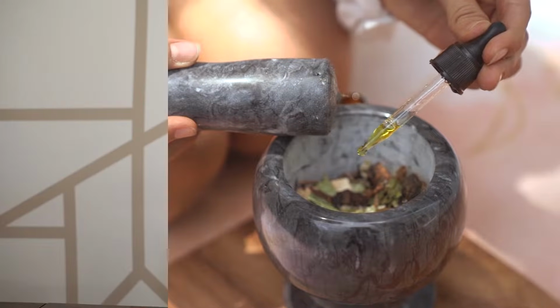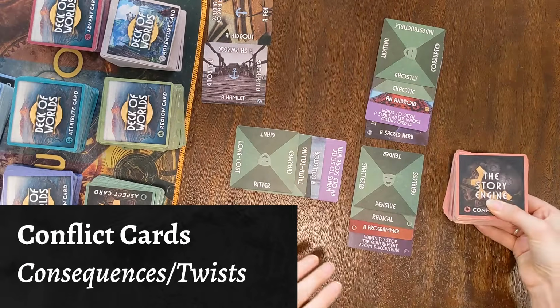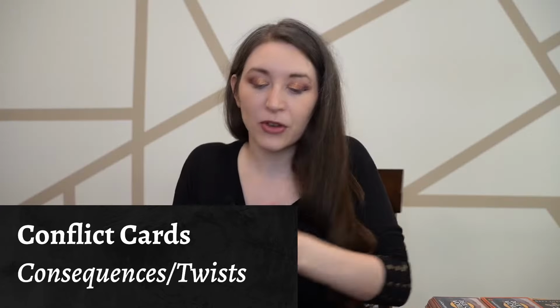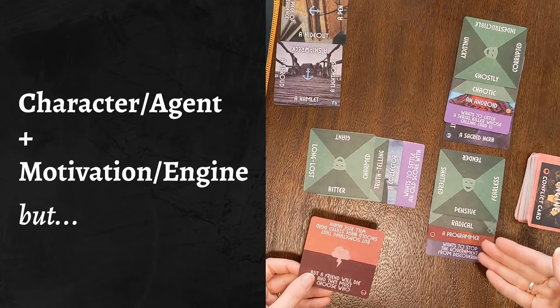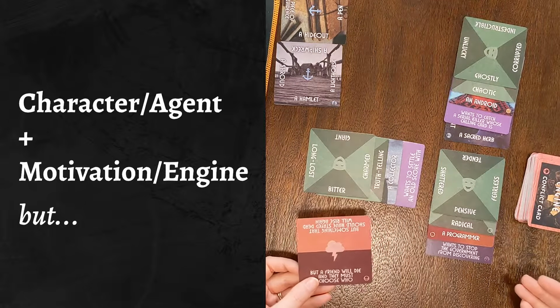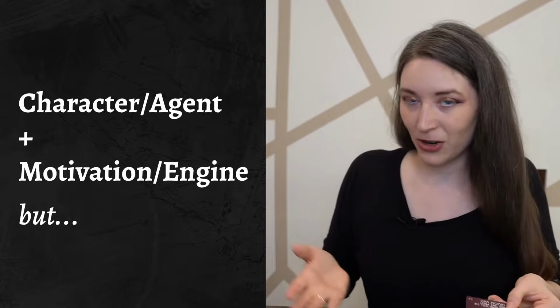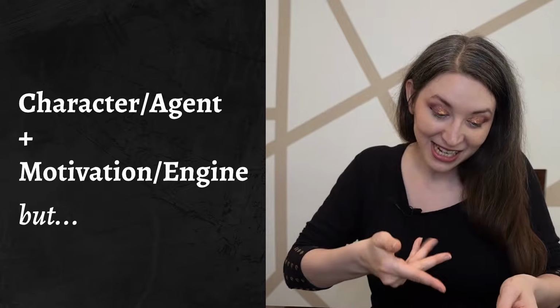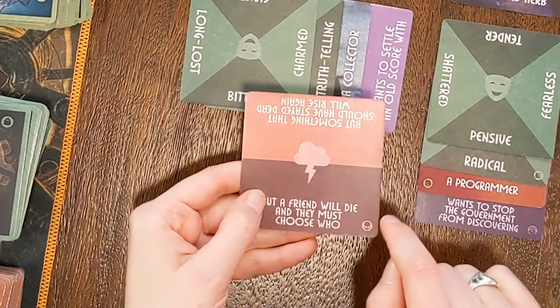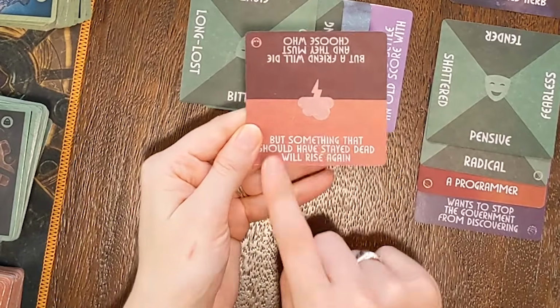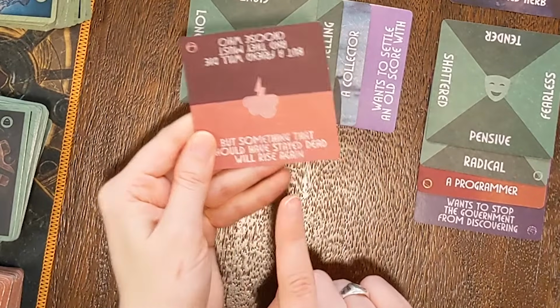Now, the only thing we haven't done is used the conflict card to create consequences and twists in the story. Okay, so we read this as our person wants to stop the government from discovering the technology, but a friend will die and they must choose who, but something that should have stayed dead will rise again.